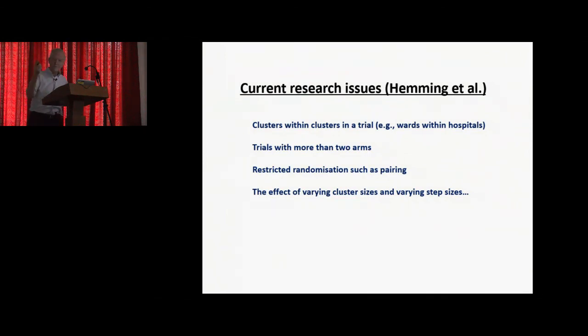Much less is known about it for this kind of design. What about the effects of restricted randomization with pairing, as we saw in the healthcare financing one, I think. And what do we do if cluster sizes vary or we have different step sizes? All of these things need a bit more work. So that's a very active area of research.